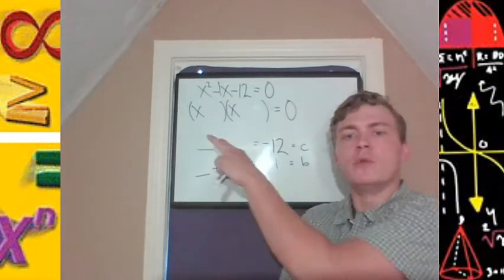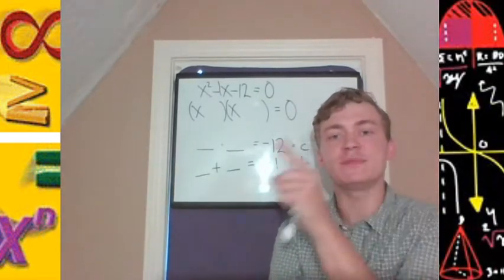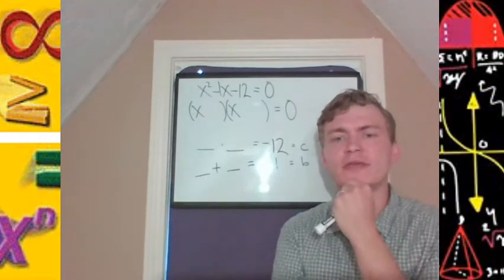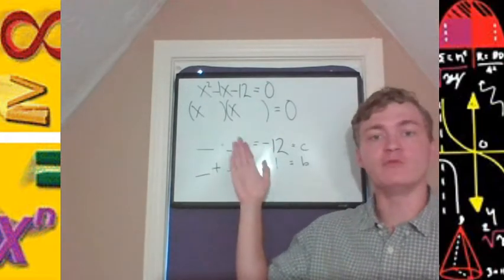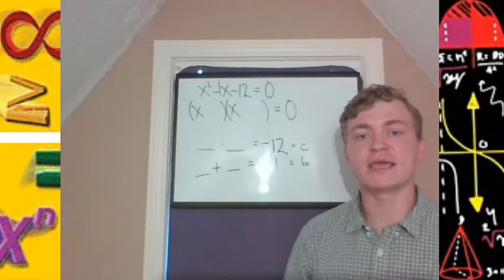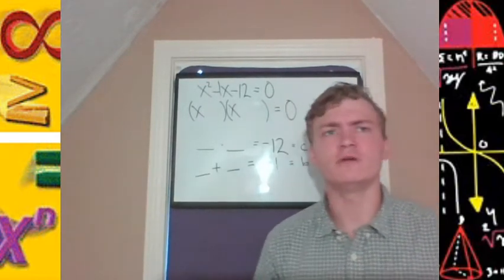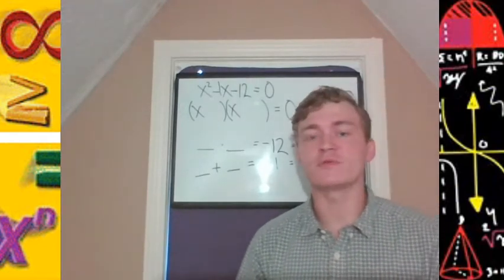Well, what are the factors of 12? 1 and 12, 2 times 6, 3 times 4. Can any of those combine to give us 1? Because if we multiply to get a negative, one of these factors has to be negative. A negative times a positive is a negative. So -1 times 12, maybe 1 times -12, -2 times 6, 2 times -6, -3 times 4, 3 times -4.